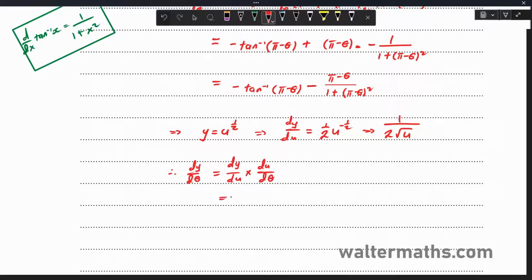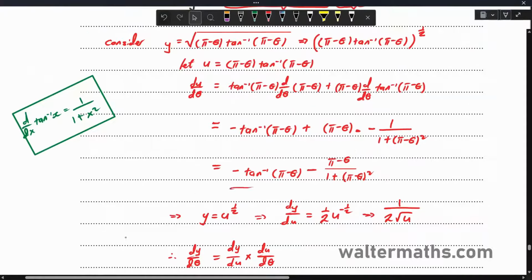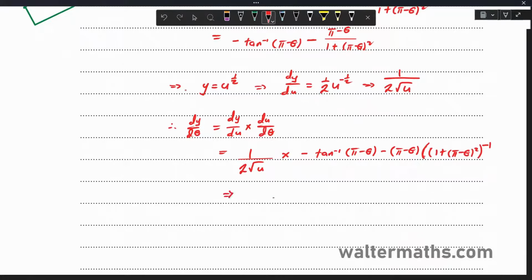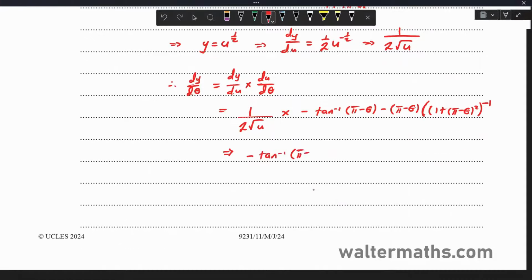Dy by du is 1 over 2 root u, and that's times du by d theta, which is what we got right here: minus arctan(pi minus theta) minus (pi minus theta) times (1 plus (pi minus theta) squared) to the power of minus 1.